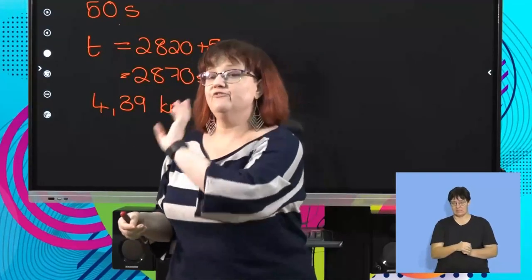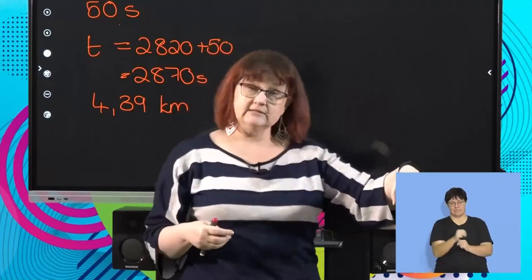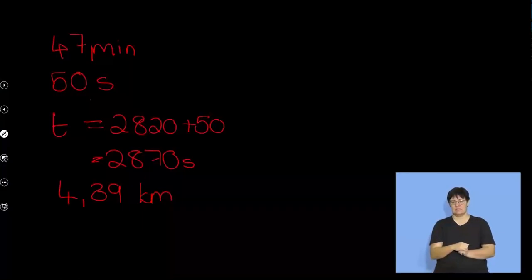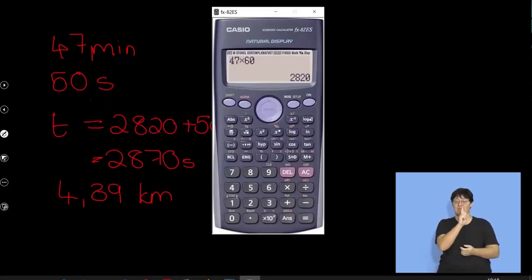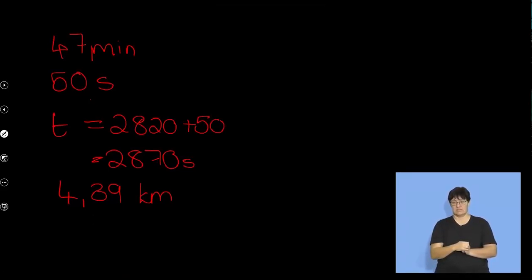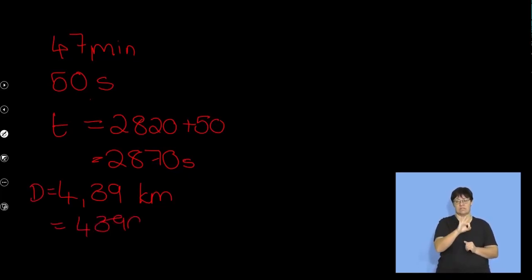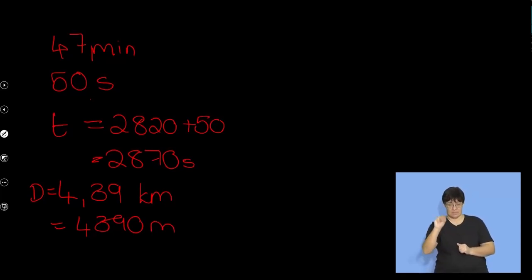So I have to convert my kilometers to meters, and I do that by multiplying by 1,000, okay, because there's 1,000 meters in a kilometer. So 4.39 times 1,000, and we get 4,390, okay? So her distance is 4,390 meters. So she went 4,390 meters in 2,870 seconds.